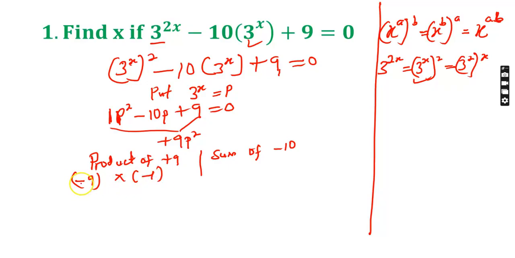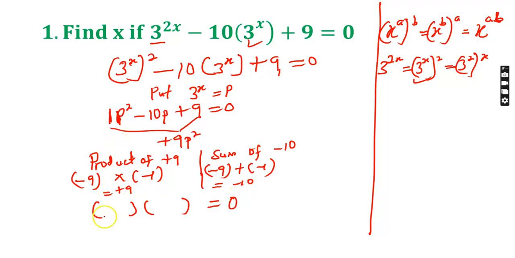Let's check it. Minus 1 times minus 9 gives me plus 9. If I add them together, minus 9 plus minus 1 gives me minus 10. So since I have p squared here, the two factors are minus 1 and minus 9. I'll show you the shortcut of getting the answer. I'll just open a bracket, close the bracket, open a bracket, close the bracket, equals to 0.